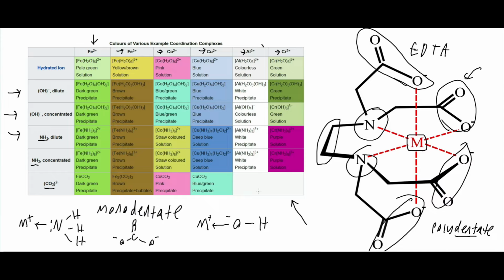But the idea is that when you have these different things coordinating with your metal ion, it changes the way that light interacts with the metal ion, and so it actually changes the color of the solution.